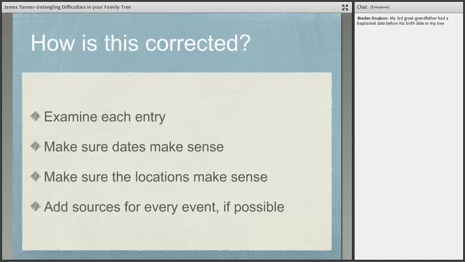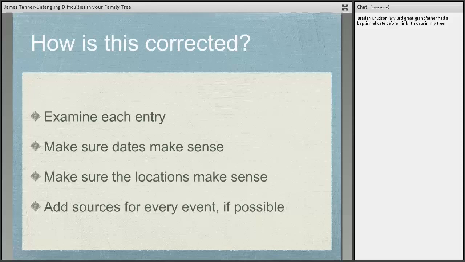Now, one of the basic reasons for adding sources, besides correcting the information, is to solidify and make the records more believable. If I see that you say that so-and-so was born on such and such a date in such and such a place, and I ask you, where did you get that information? And you say, I don't know. I'm not likely to believe that it's correct.